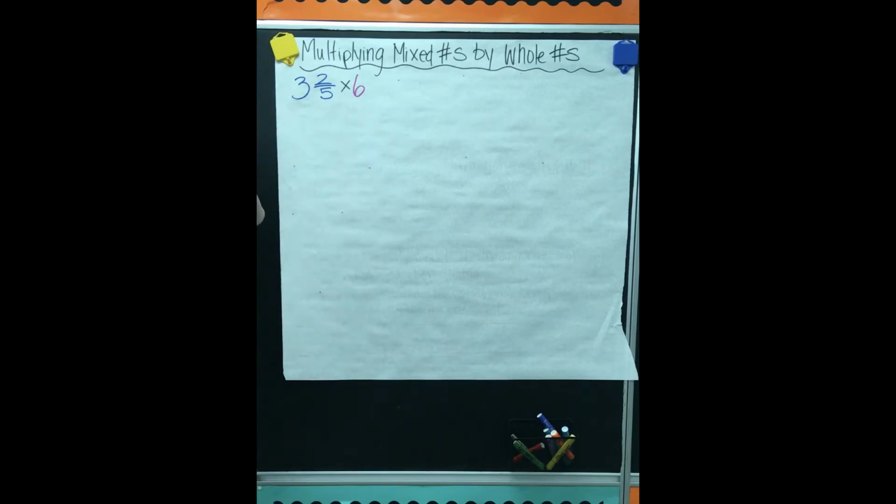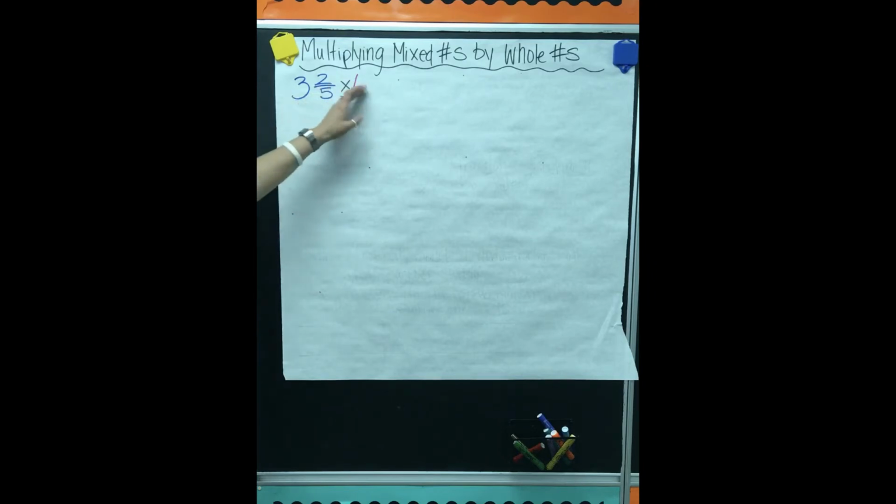Just like when we have tenths, hundredths, thousandths behind our whole number, this is also that same sort of concept. So we have to break this up into the whole number and the fraction. And then we have to take each one of those pieces and multiply it times our whole number. It'd be the same thing if I had 3 4/10, like 3.4.